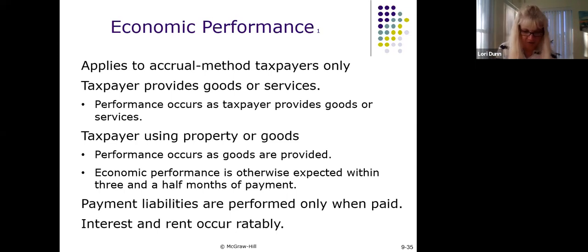Well, under the accrual method, Rick cannot deduct anything, even though he paid $1,000 of it, until that fence is done or that wall is done. So Rick will deduct the full $8,000 in 2021 when the repairs are done, because that's when economic performance occurs, when you're receiving goods or services from another person.